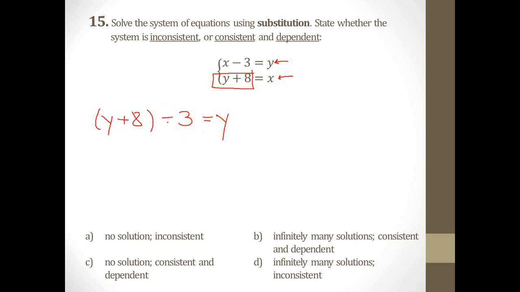This is just two separate things separated by a subtraction sign, which means we can actually drop the parentheses. There's no distributing going on here. And then solving for Y, combining these two, 8 minus 3 should be 5, and plus Y equals Y.